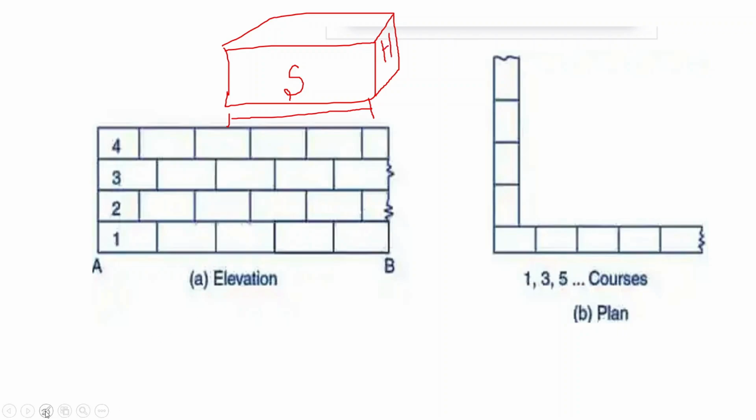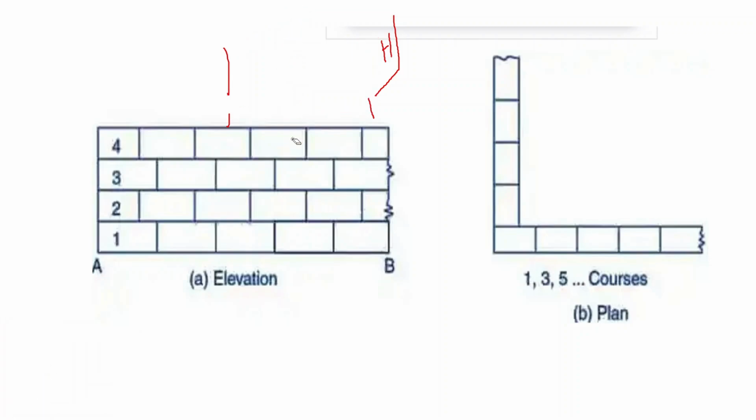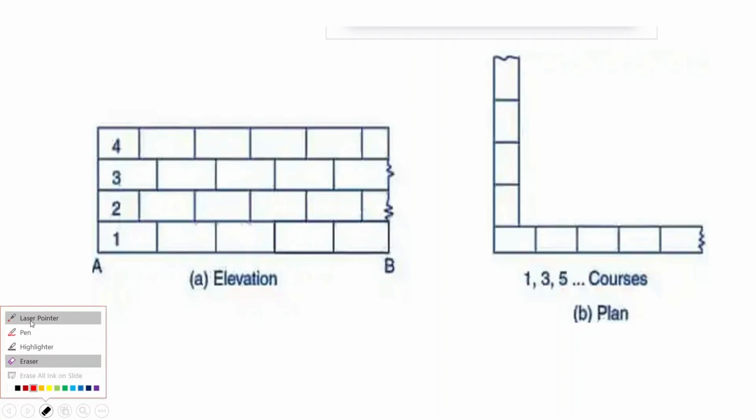So you can see here, in this type of bond, we have the stretcher facing towards us. So this is your stretcher type of bond. The first brick has been placed here, then the second brick, the third brick, and layer by layer we are placing only stretchers towards us. So this is known as your running type of bond.